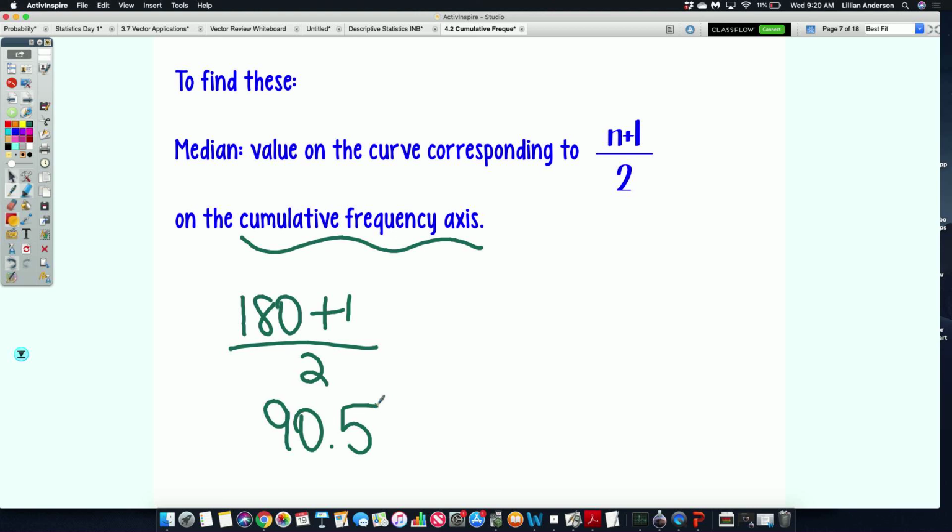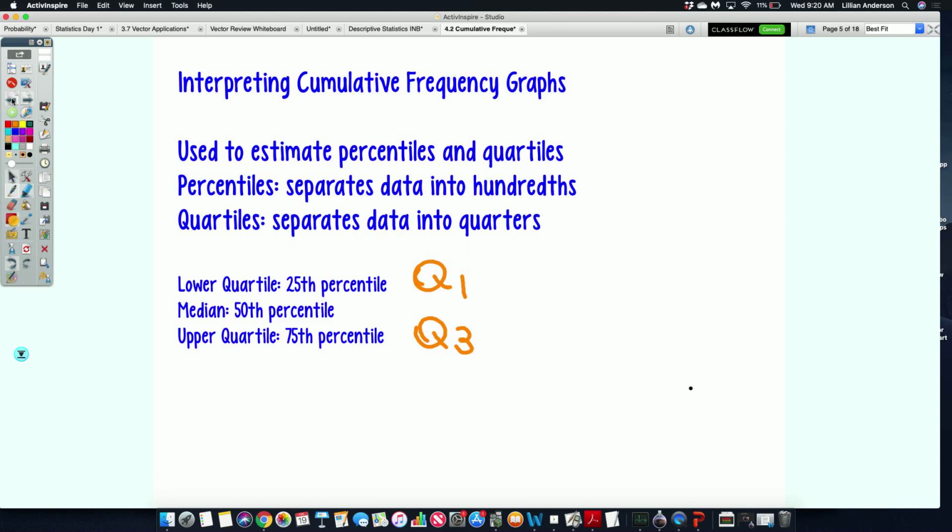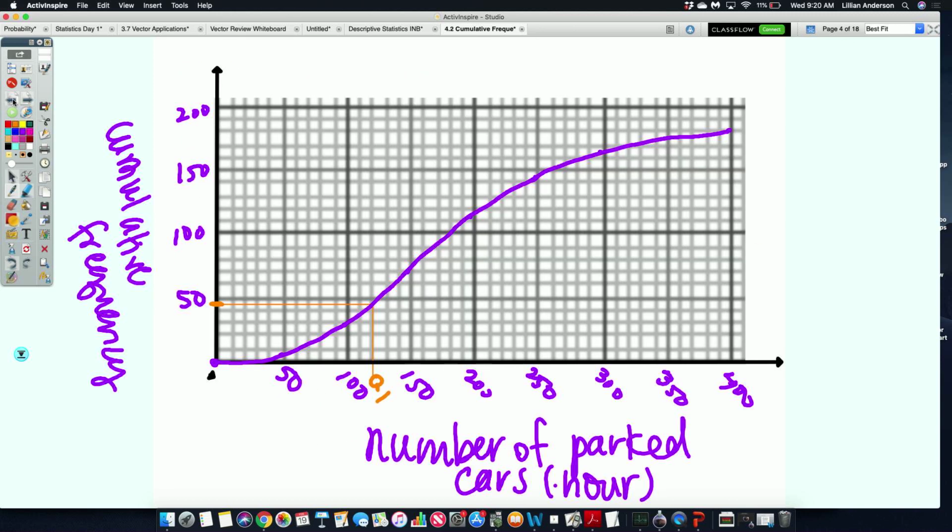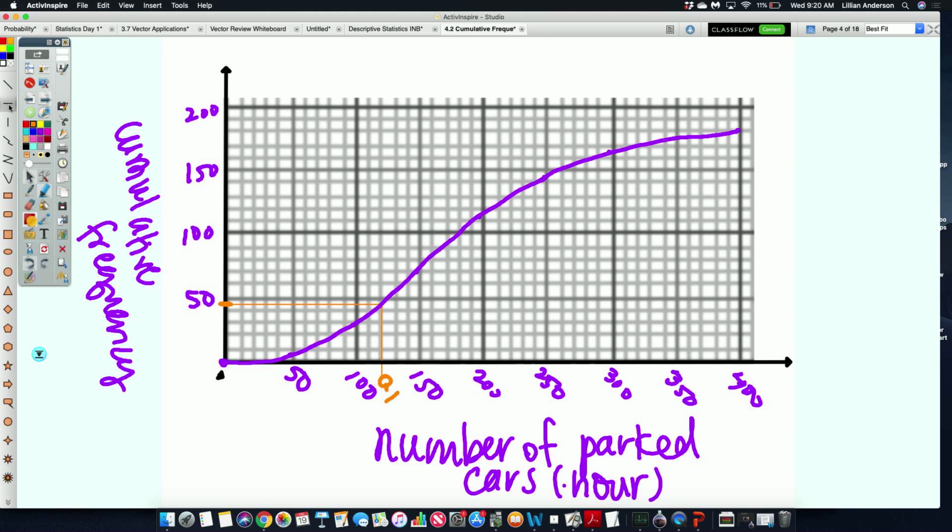Now, this value is not your median. It is where you go on your cumulative frequency axis to find your median. So we go back to our curve. I'm going to use my straight edge feature, and I'm going to go to 90.5, which is pretty much right at 90.